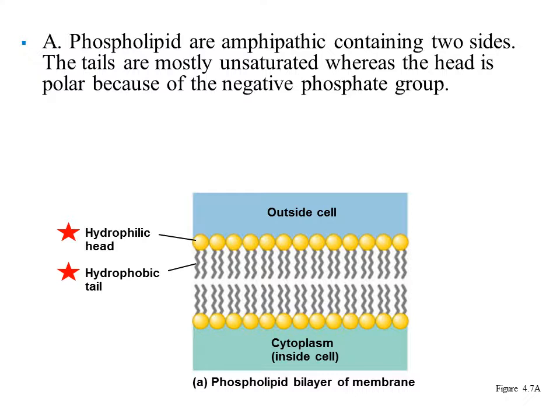The tail repels water, so it's hydrophobic. Why is the head attracted to water? It is attracted because the glycerol portion has a negatively charged phosphate group that was added to it, which gives it a charge. So now the slightly positive hydrogen from water will attach to the head.